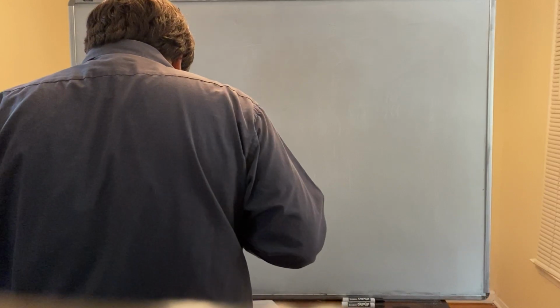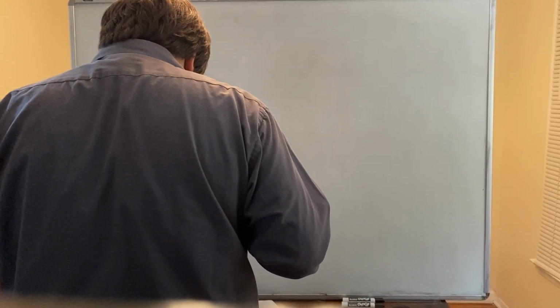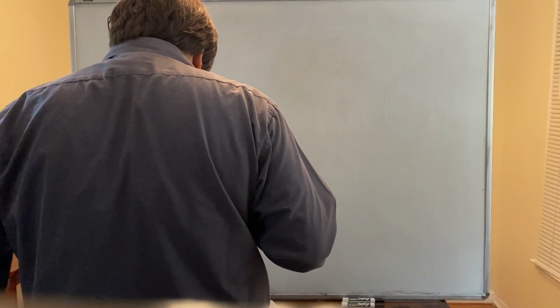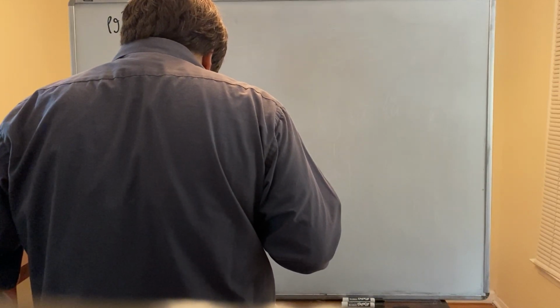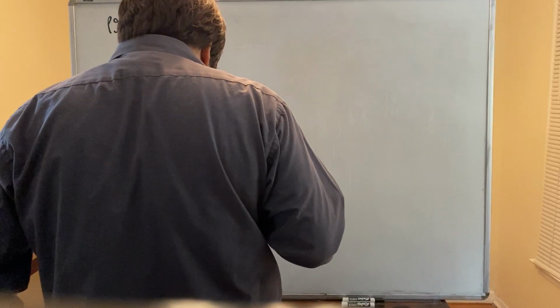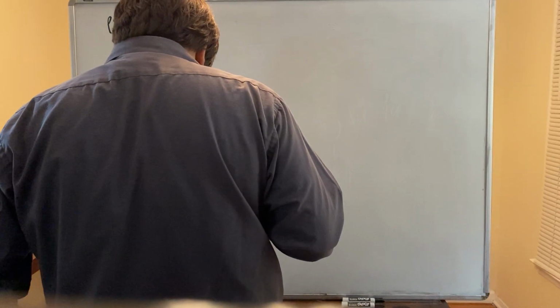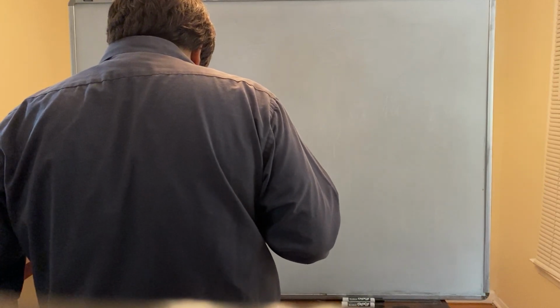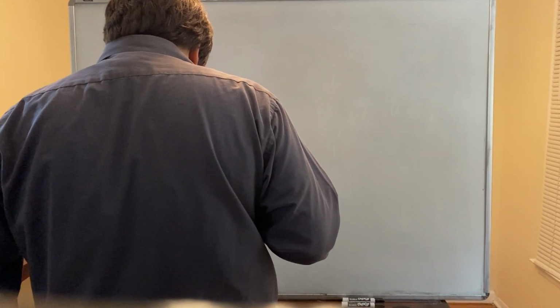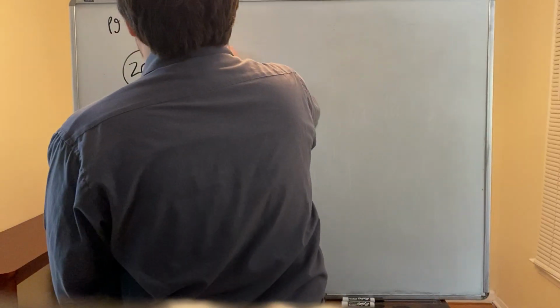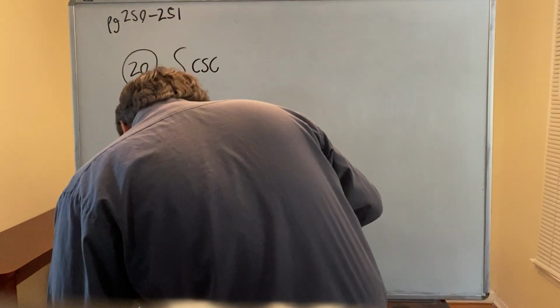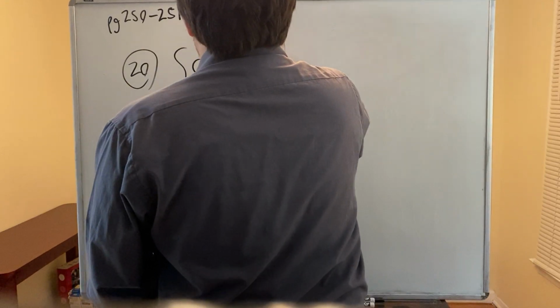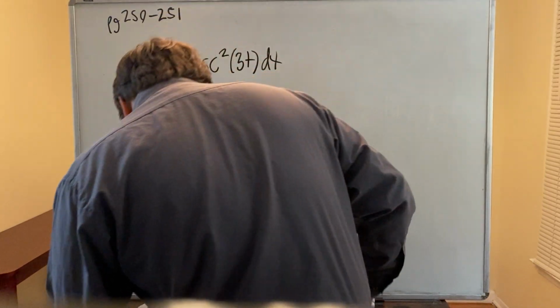Now, let's do number 20. So for number 20, it's the integral of cosecant squared of 3t dt.